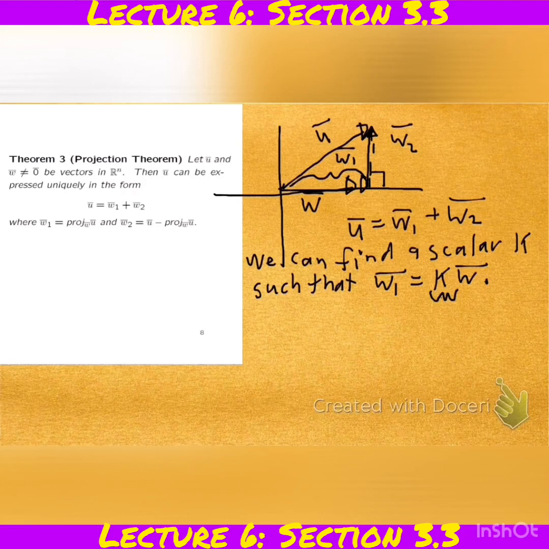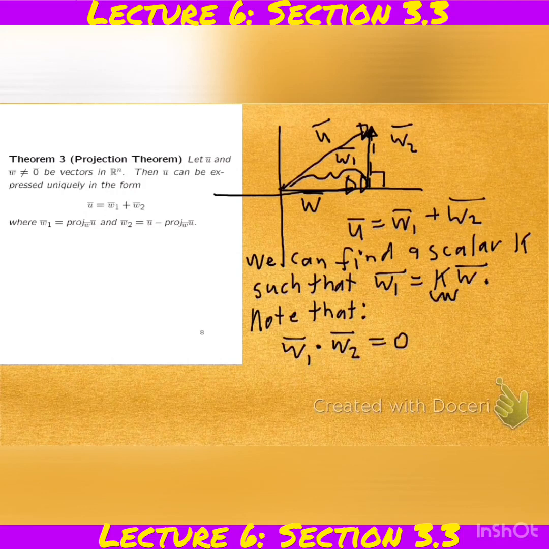What we can also say is that the dot product of the vector w with the vector w2, w1, is 0. Why is this the case?